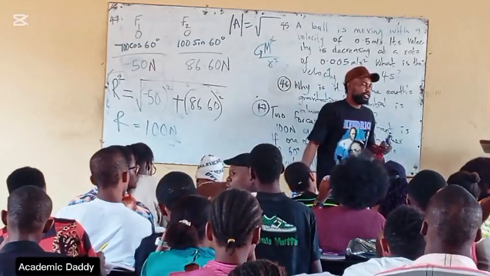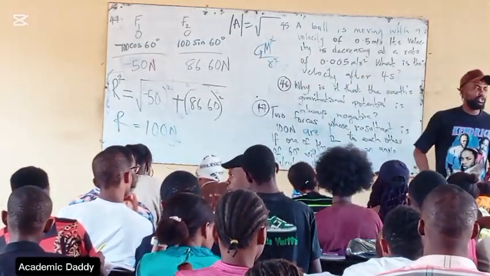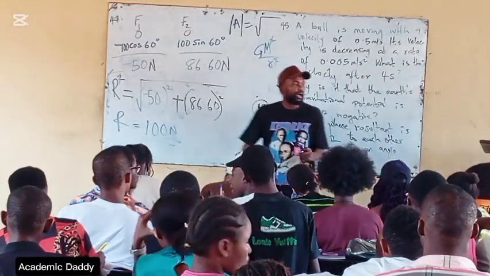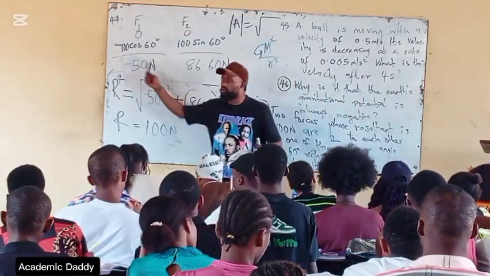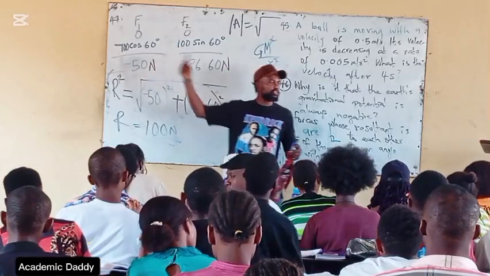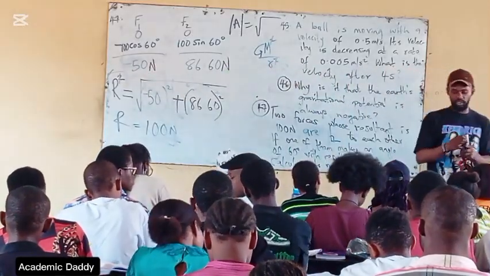You still remember? Yes. So anytime you hear magnitude, another name for it is value. So what we are asking by saying find the magnitude is to find the value of the two forces. And that is what you got here.